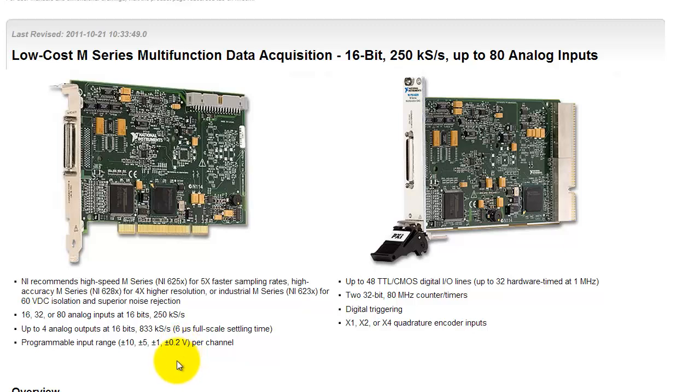So if you're using, for instance, a strain measurement from a Wheatstone bridge, it's probably going to be a very low signal. You'd want to use the lowest voltage range to get the highest resolution. We can also choose a plus or minus 1 volt range, a plus or minus 5 volt range, or a plus and minus 10 volt range for the card.